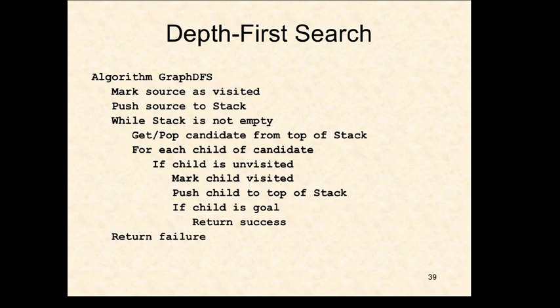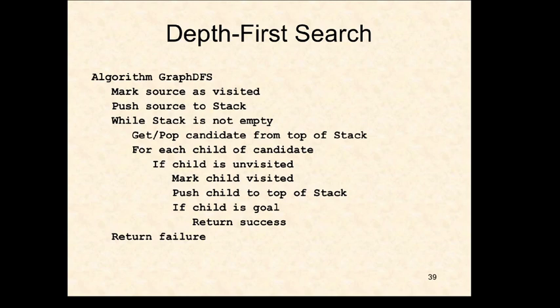Checking if it's the goal when we put it in is better than checking if it's the goal when we take it out. Because I could say, hey, this thing where I am right now is adjacent to three other things. It's adjacent to the goal and something else and something else. Well, that third one comes off of the stack first, and maybe that one leads to the whole rest of the graph.